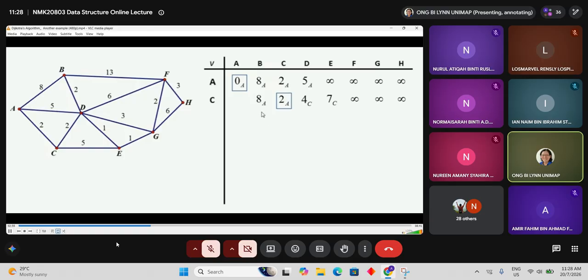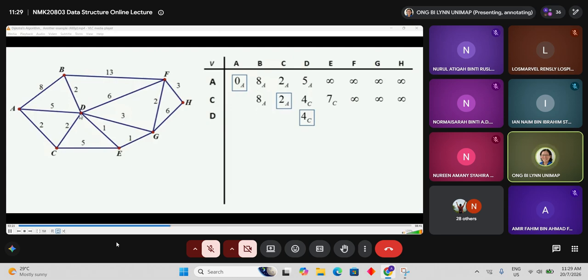Now the shortest distance or minimum weight that isn't boxed already is this 4, so I'll keep it as my next shortest path here, and it's from vertex C, put a box around it, and so D is the next vertex to consider. Do I have a shorter path to B from there?